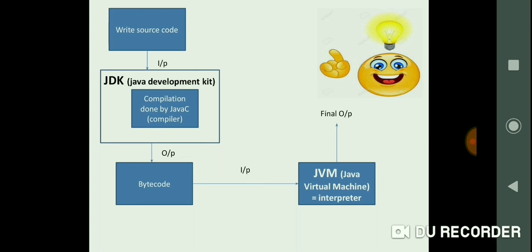Now you'll say there is already a compiler, but in this diagram I can see an interpreter also. The bytecode is given as input to the interpreter, that is the JVM, Java Virtual Machine, and then this JVM will give us the final output. So you'll ask, why both compiler and interpreter? See, in C or C++, the compiler converts source code into specific OS machine code, right?